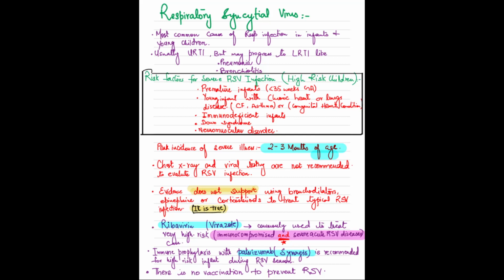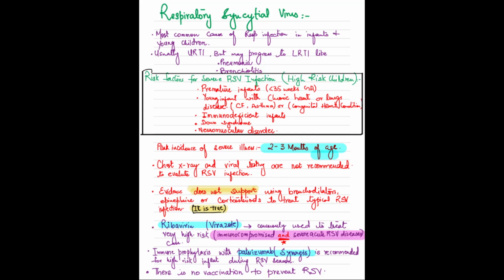One more point which I wanted to highlight, basically two more. One is ribavirin. Ribavirin is a medication. When we use it, we only use it to treat very high risk cases. That means the patient is immunocompromised and they come up with severe acute RSV disease.